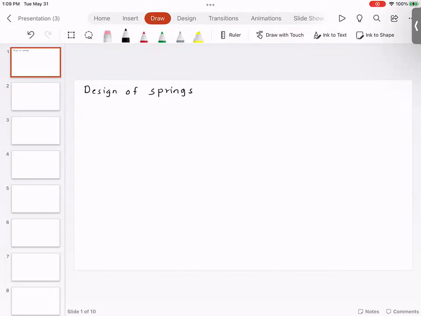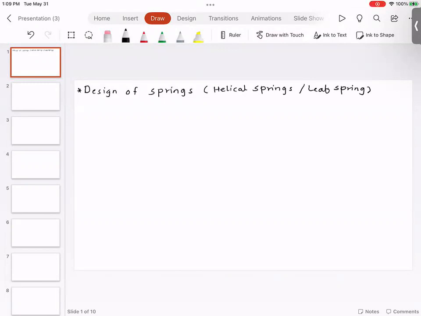In today's class, I would actually work out the problem on helical spring design, and I would also give you the design methods for leaf spring. So in today's class, we will look at helical springs and leaf spring. So that would be the first part.